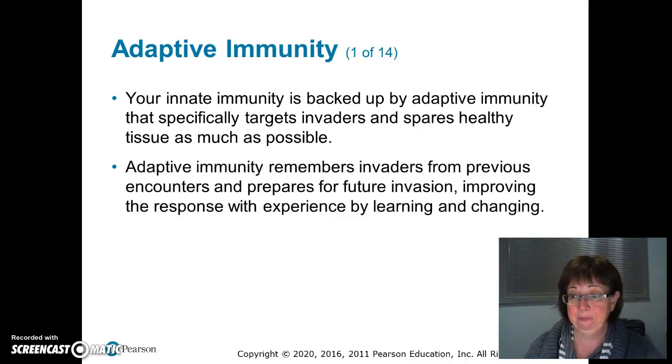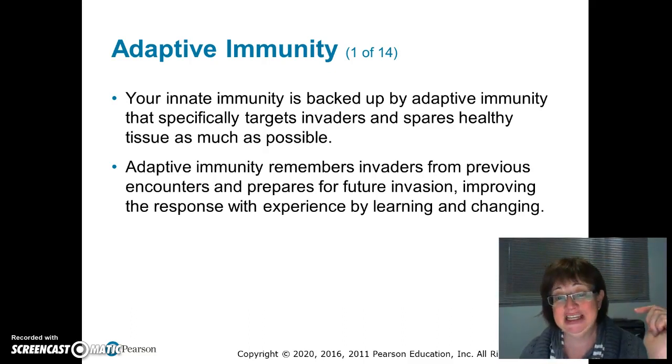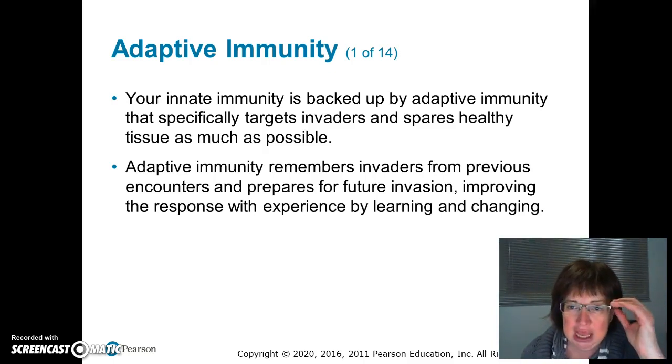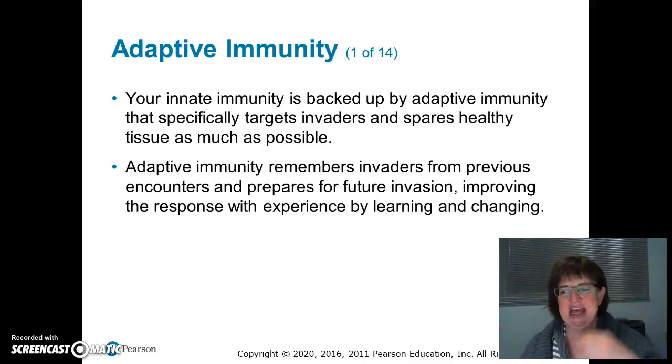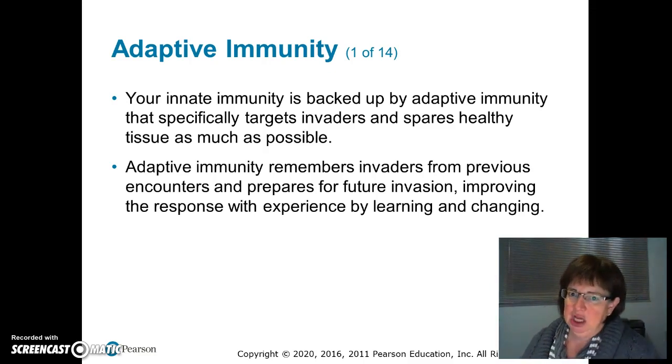Innate is contrasted with adaptive. Adaptive immunity is when a specific invader comes in, and it will set up your T cells and B cells to specifically leave a memory, so if this comes back again, you can recognize it and fight it.